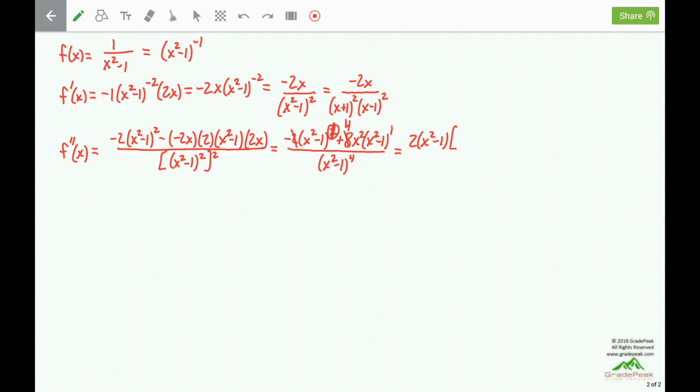And this is already to the power of 1. Subtracting 1 from becomes a 0. Anything to the 0 is a 1. So I'll be left as a positive 4x squared. So we have a negative of x squared minus 1 plus 4x squared left after factoring.